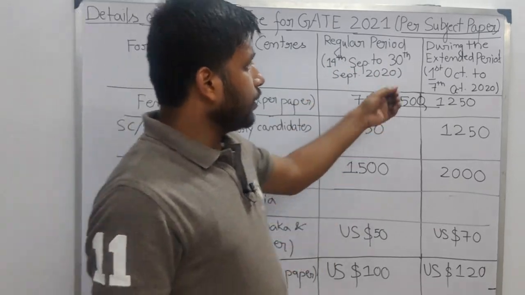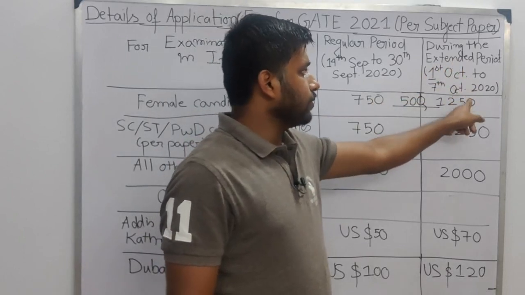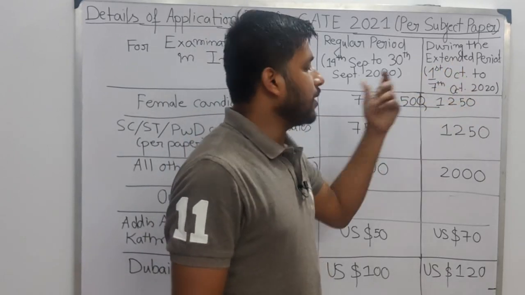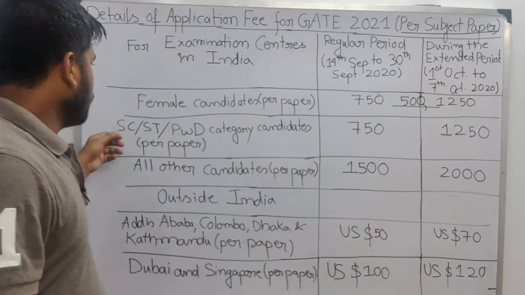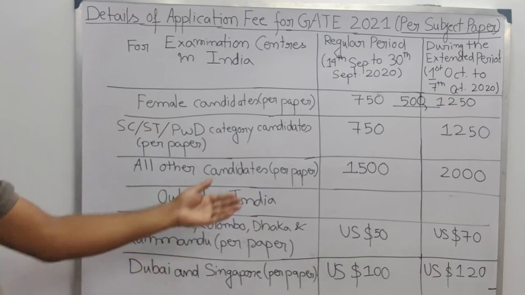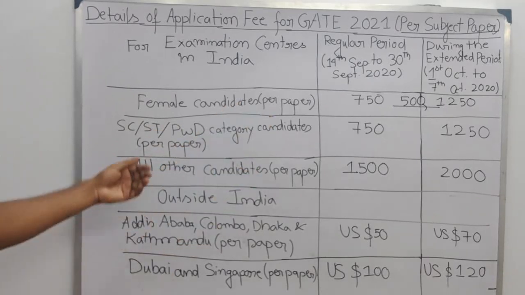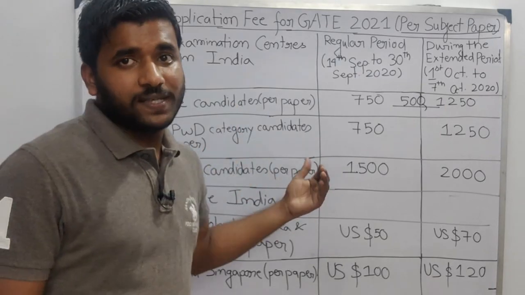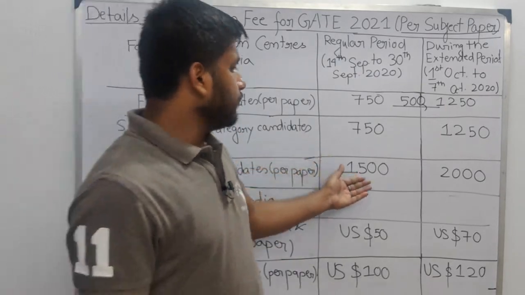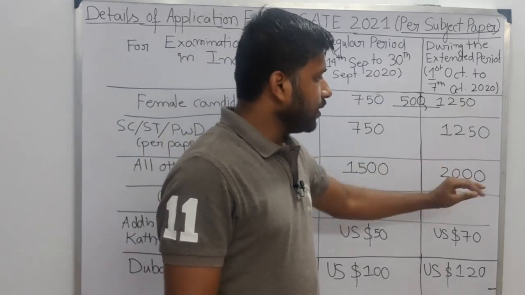But if you are filling the form in the extended period, from 1st October to 7th October, you have to give 1250, so 500 more. For SC, ST, PWD category, per paper 750 in regular period, in extended period 1250. All other categories like OBC and general have to give 1500 in regular period and in extended period 2000.